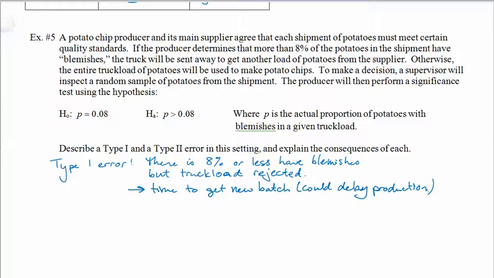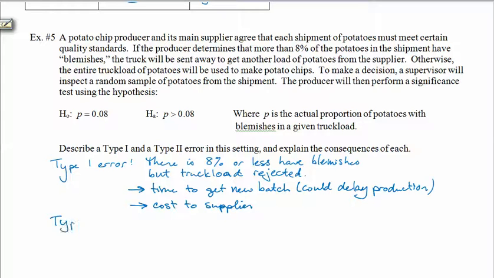So that could be a cost to the producer, and it might also be a cost to the supplier, especially in terms of having to go and find some more, or if they can't supply, then they lose that shipment altogether.